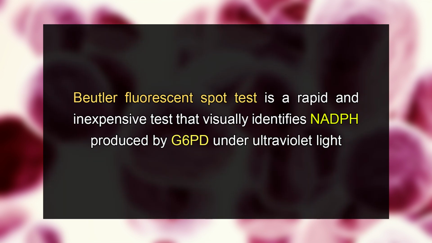The Butler fluorescent spot test is a rapid and inexpensive test that visually identifies NADPH produced by glucose 6-phosphate dehydrogenase under ultraviolet light. When the blood spot does not show fluorescence, the test is positive. It can be falsely negative in patients who are actively hemolyzing. It can therefore only be done 2 to 3 weeks after a hemolytic episode.